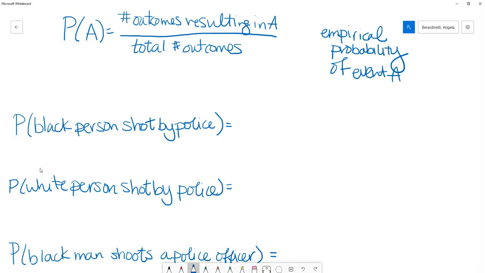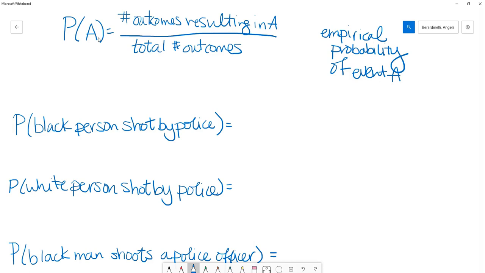In order to support any of these claims, we need to be able to compute some basic probabilities. So I'm going to go over the number 1 most basic rule of probability. If you have some event, or something that you're trying to describe the probability of, which in probability theory is called an event, we can compute what's called the empirical probability of event A. And that's what we're going to do here.